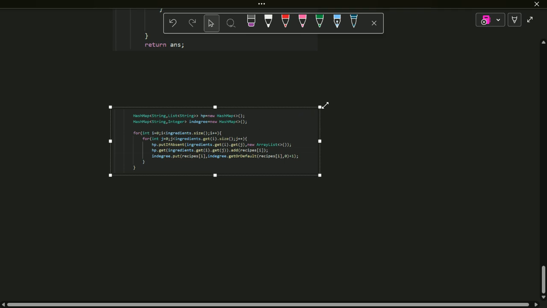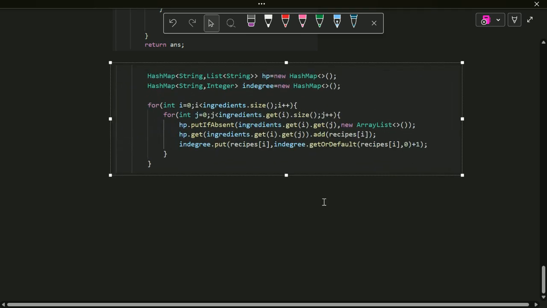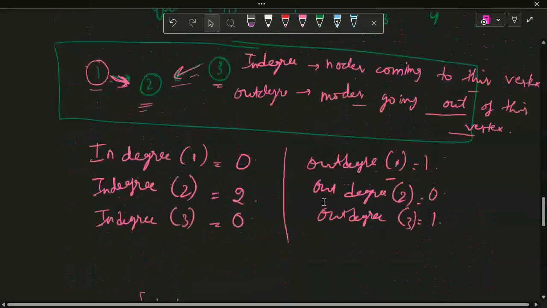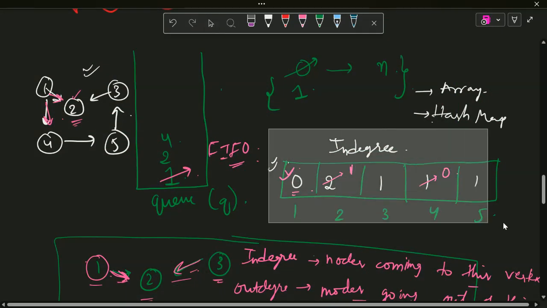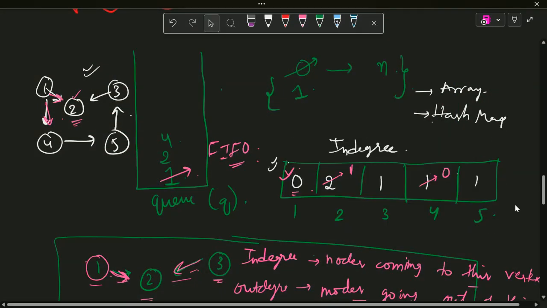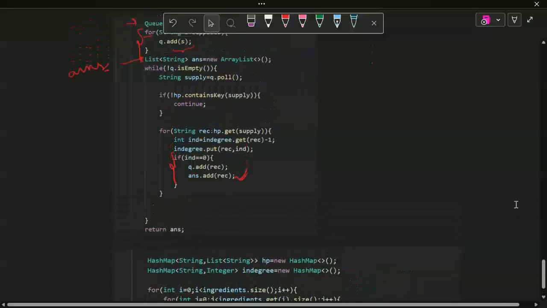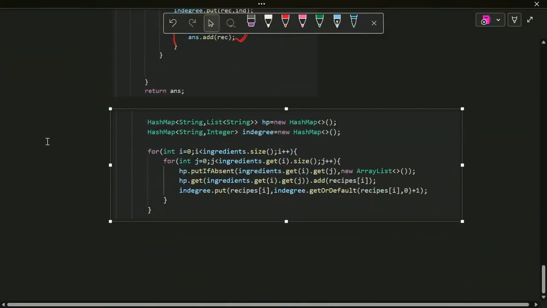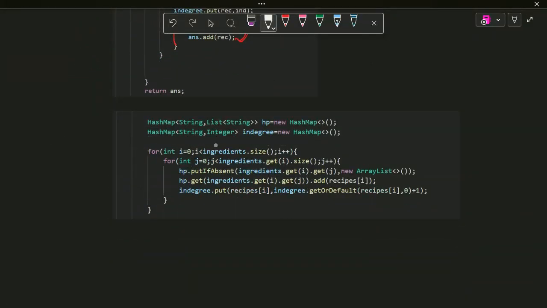Now, for keeping track of this, here we have initialized the in degree array. Now we should keep track of these elements in a hash map, because they are given in the range of string and integer. So one of the solutions to this problem is using hash maps.